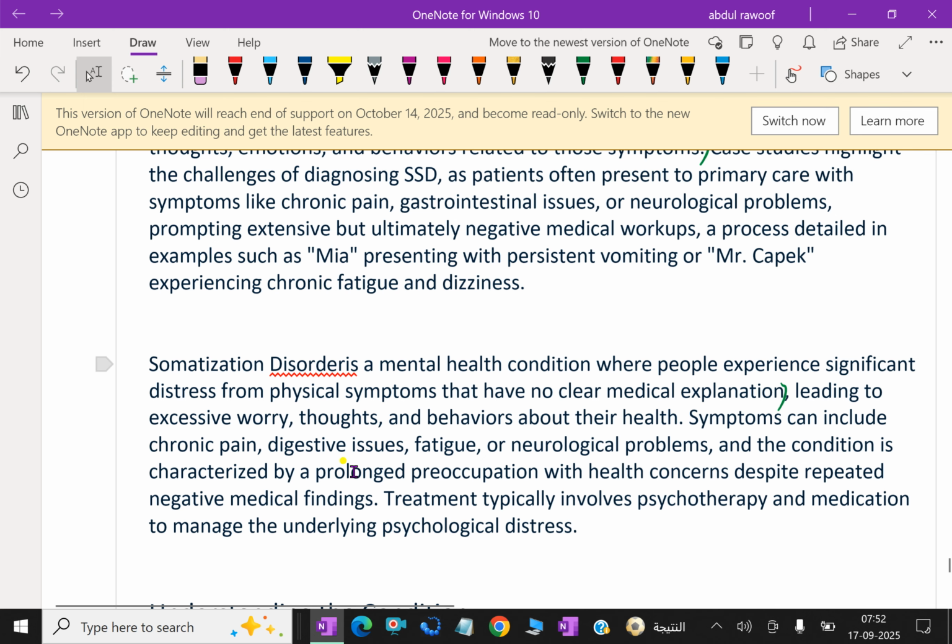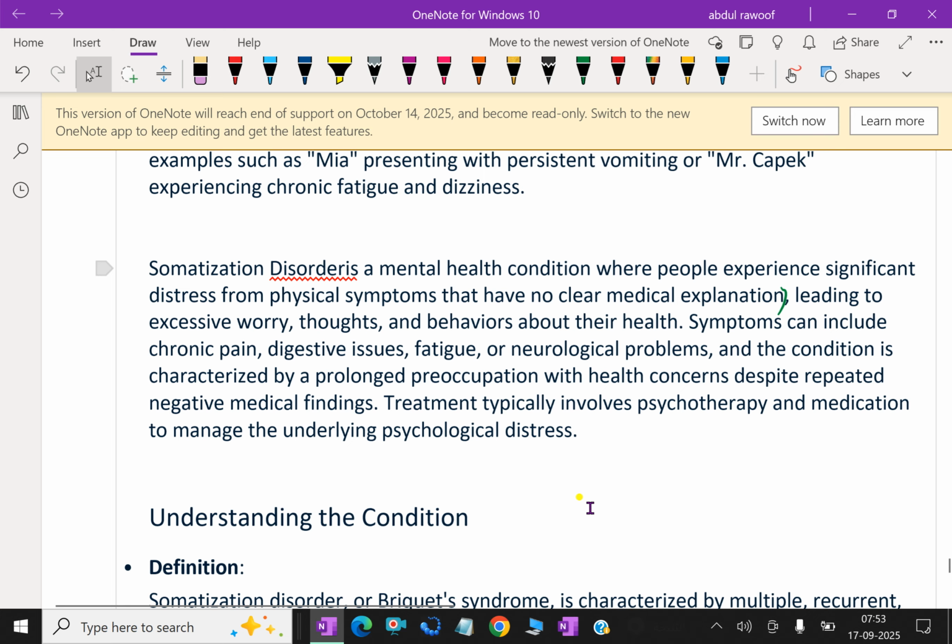Symptoms can include chronic pain, digestive issues, fatigue, or neurological problems, and the condition is characterized by a prolonged preoccupation with health concerns despite repeated negative medical findings. Treatment typically involves psychotherapy and medications to manage the underlying psychological distress.